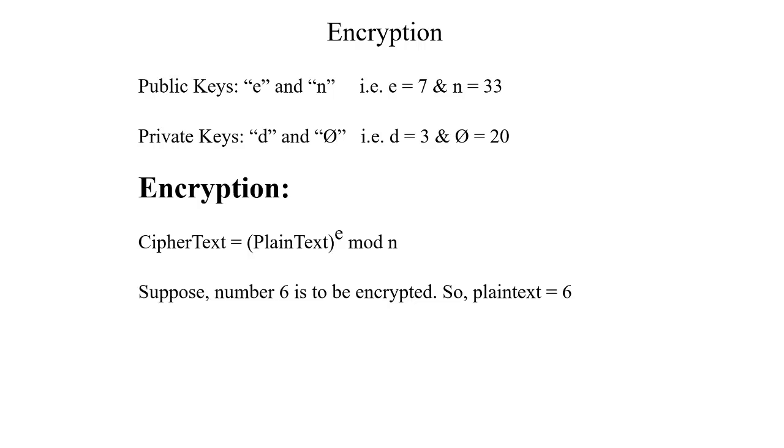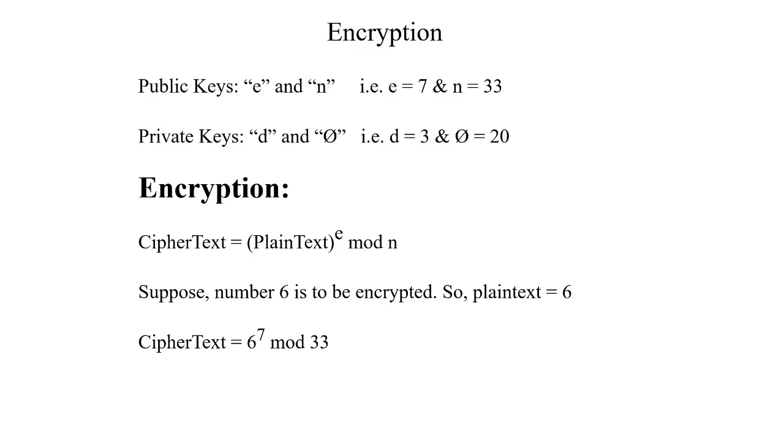So plain text is equal to 6. So in the ciphertext equation, 6, that is the plain text to be converted into the ciphertext, is raised to public key E, that is 7, and mod n in our example is 33.